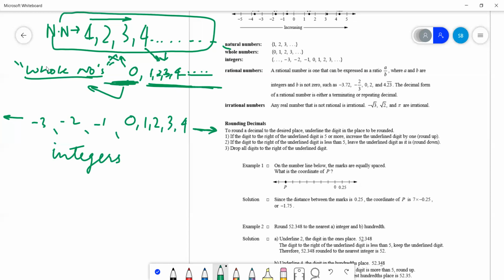But obviously in integers we don't have fractions, and in integers we don't have decimals. Are all integers whole numbers?